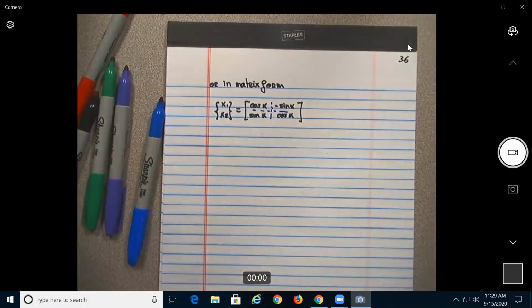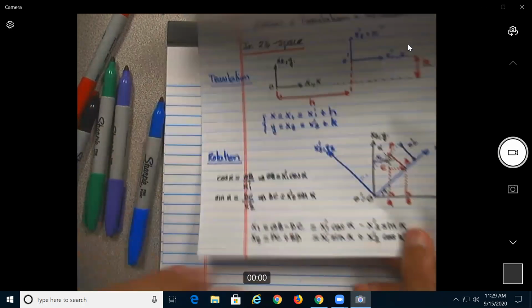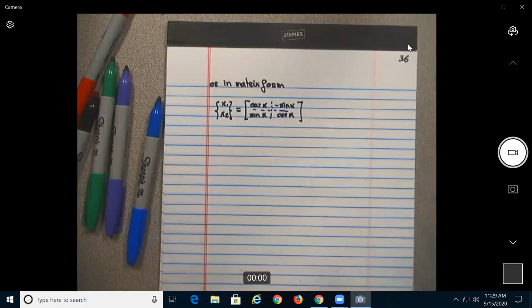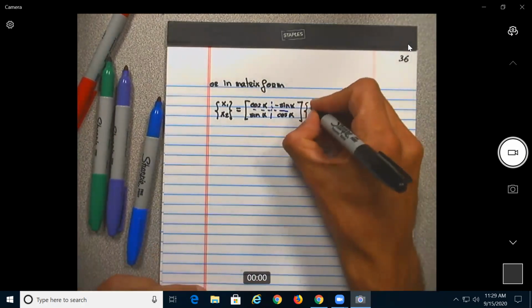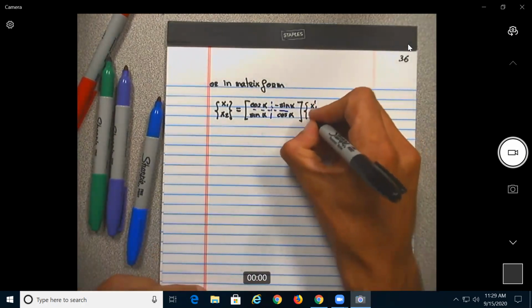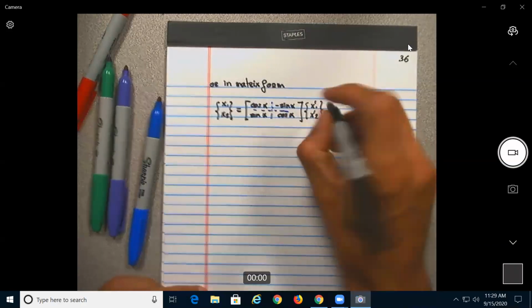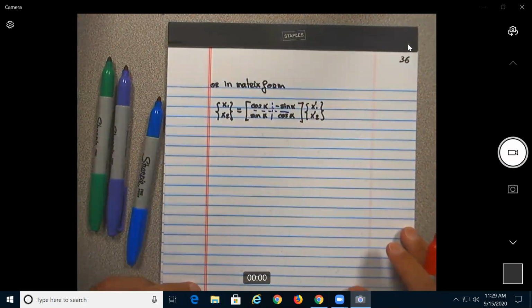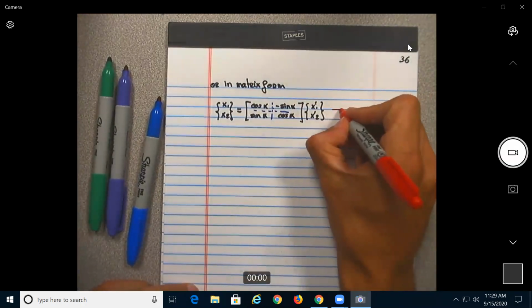All right, the only thing I'm doing is writing this into matrix form, no? Cos, minus sine, cos, okay? And now the two variables here will be x prime 1, x prime 2.